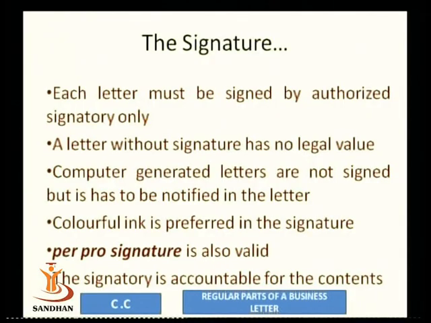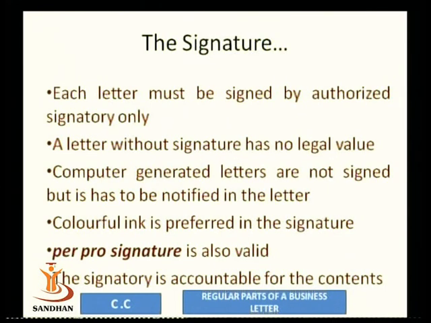Next is the point which you can see in the slide, per pro signature. It is also valid, friends. Per pro signature is a signature done by a person who is actually not the final authority, but in the absence of the official signatory, the authority is given for signature to some junior or other assistant, and that is called per pro signature.